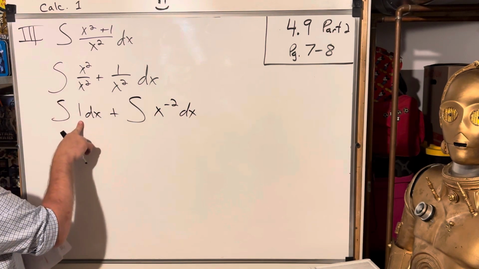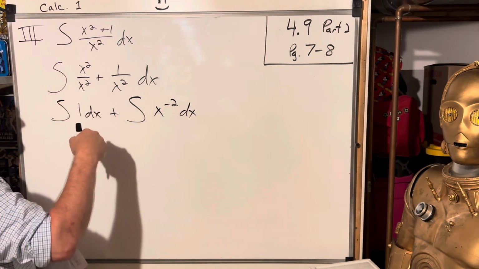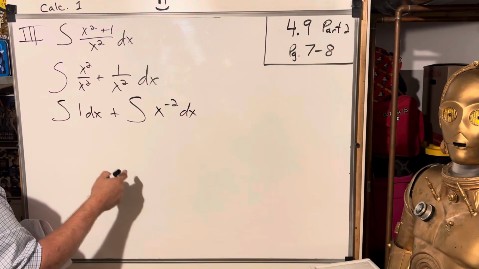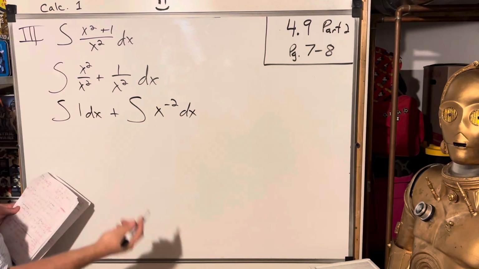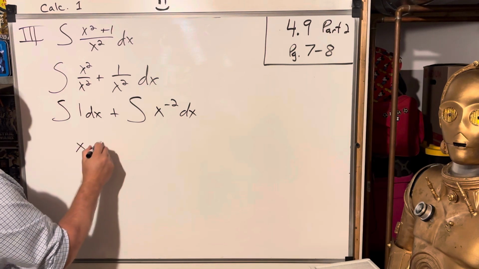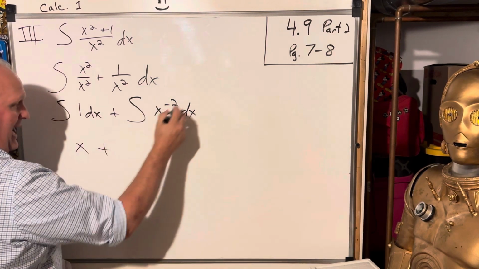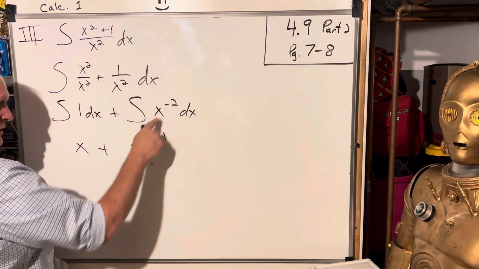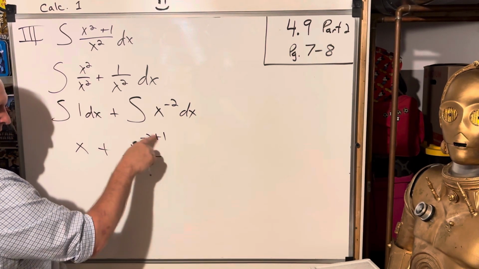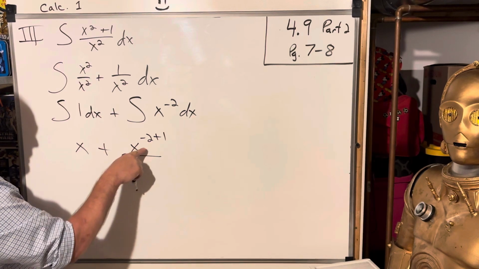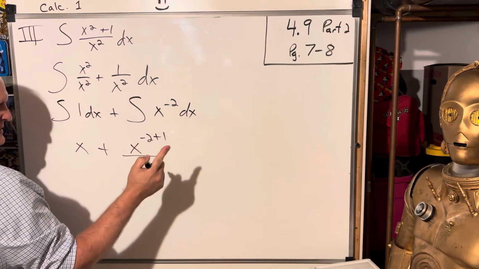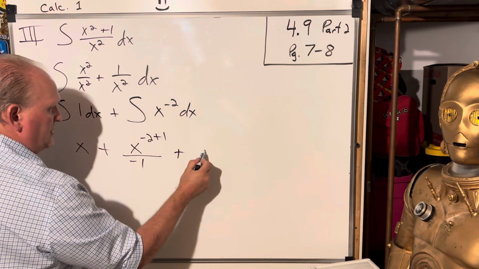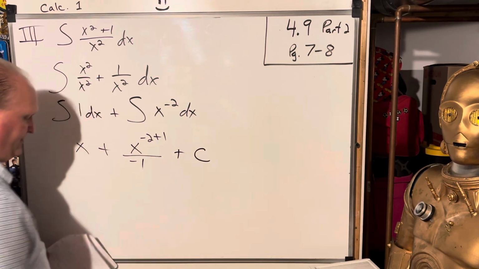And so when you're thinking not the derivative, but the antiderivative: what would I take the derivative of to get 1 for an answer? That would be x. And then for this, I would add 1 to the power, and then divide by whatever is left for the power. So negative 2 plus 1 is negative 1, so I'm going to divide by negative 1, and then plus, there's always a constant, plus c.